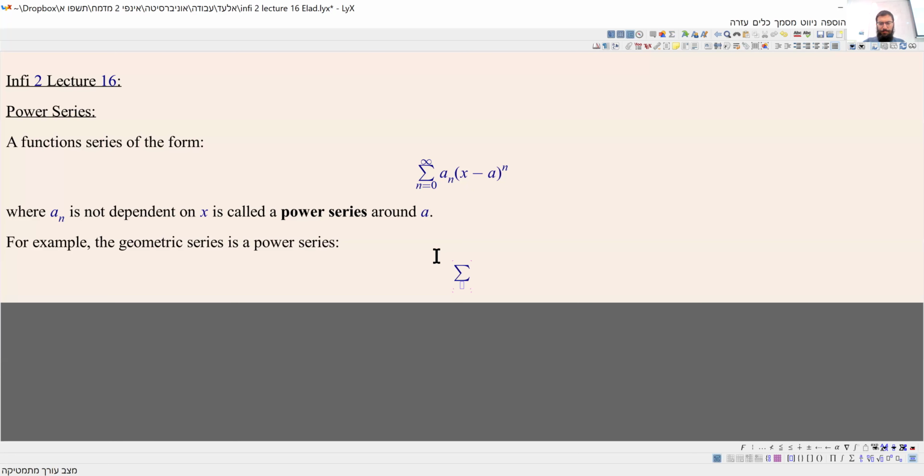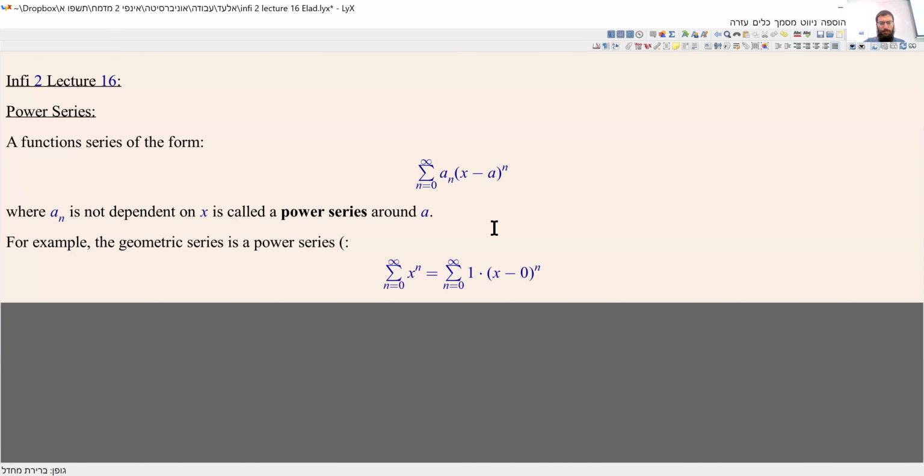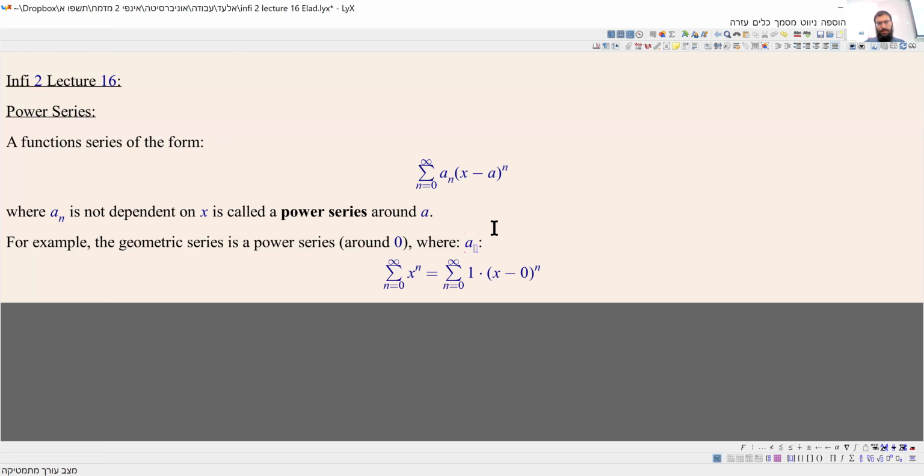One can write down the sum of x to the power of n as 1 multiplied by (x minus 0) to the power of n. So it's a power series around 0, where all of the coefficients are just 1.